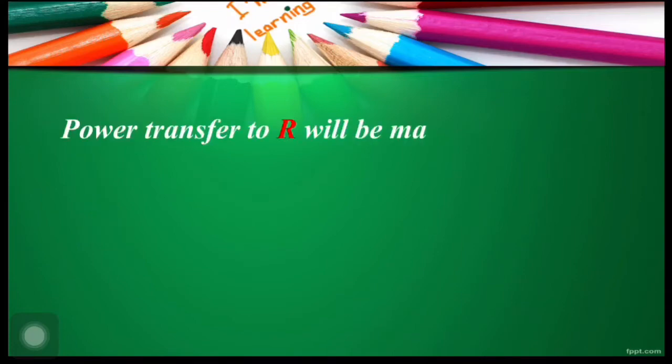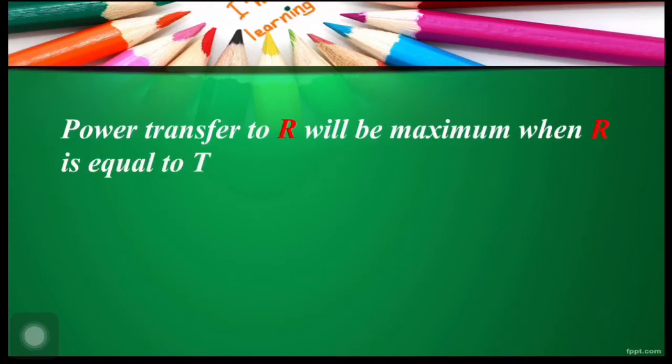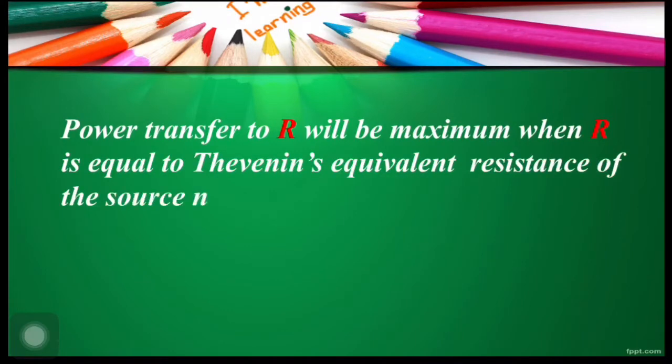Here we are asked to find out the value of load resistor R such that maximum power transfer takes place from the source network to the load resistor. Based on maximum power transfer theorem, we can say that power transfer to R will be maximum when R is equal to Thevenin's equivalent resistance of the source network.